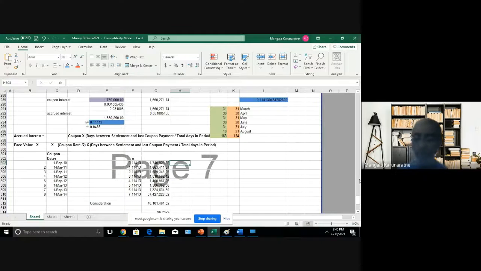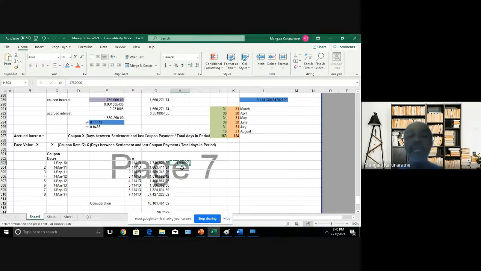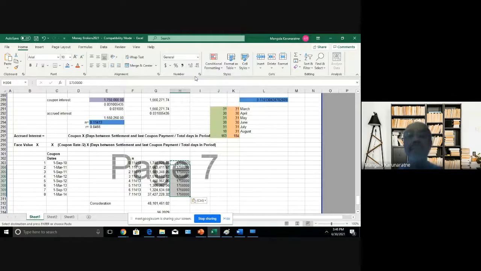So we have coupon payments of 1,750,000, and we have 8 cash flows like that, right? We will paste it, and then for the last one, you get another cash flow, that is 50 million.